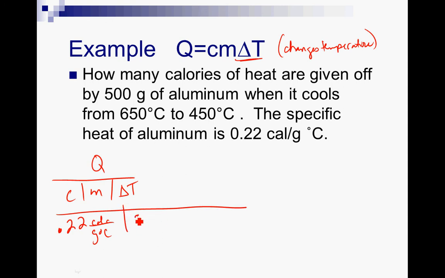And the mass that we were given, 500 grams, and the temperature difference, 650 minus 450 is 200, so 200 times 500 times 0.22 yields an amount of heat energy of 22,000, and that would be units of calories. That's the unit that the specific heat value was given in, so that will be the unit of the final answer. So, 22,000 calories of heat are given off.